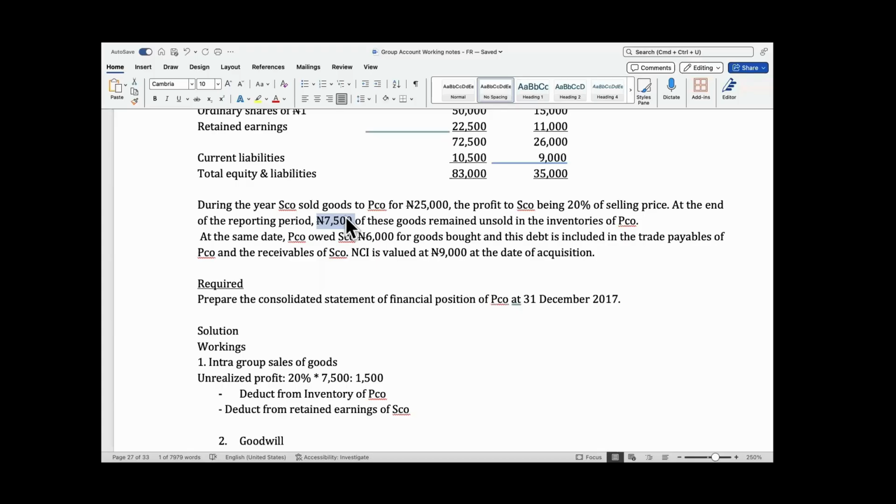The ones sold out to other people are fine, because the transaction is now beyond the two of them. They have consummated a transaction with parties outside the group, and that is the profit we want to recognize. Now the group has made profit. So the 7,500 that has not been sold out, any profit loading on that is eliminated, which is 20%. So that's really all.